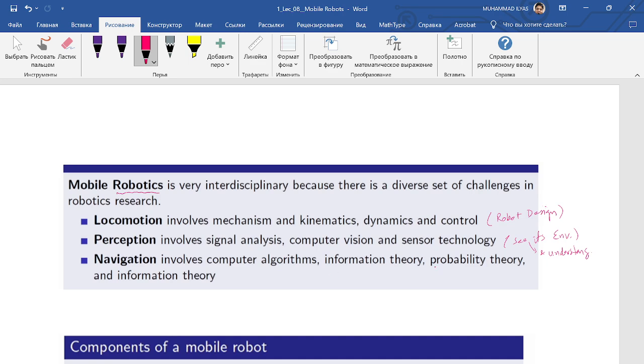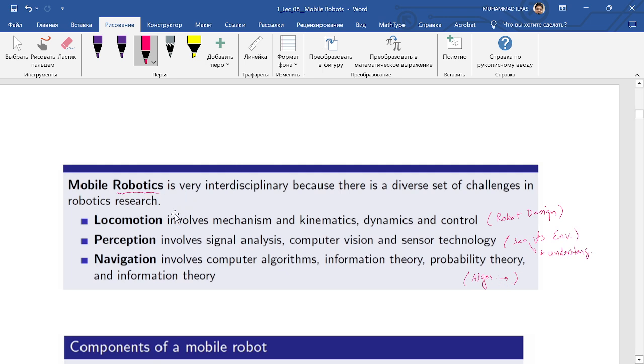So this is mostly algorithms. It means that people who have a background in computer science, data science, or information theory can work well in this sub area of mobile robots.